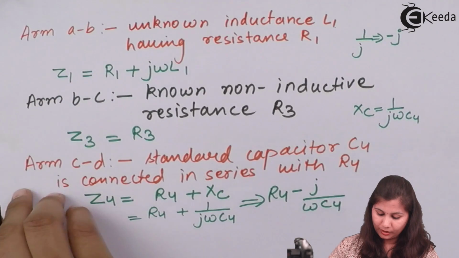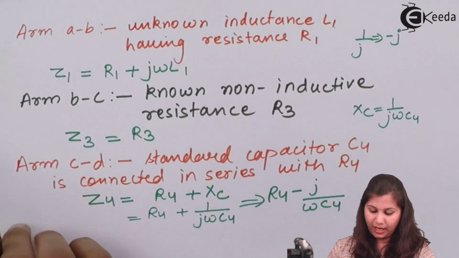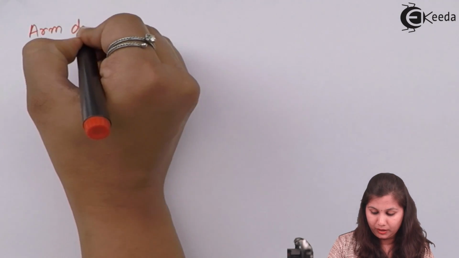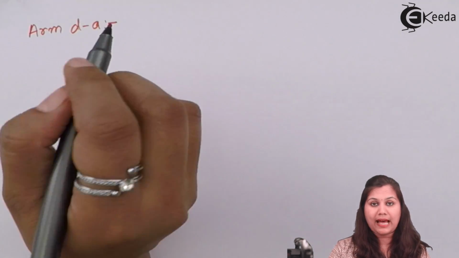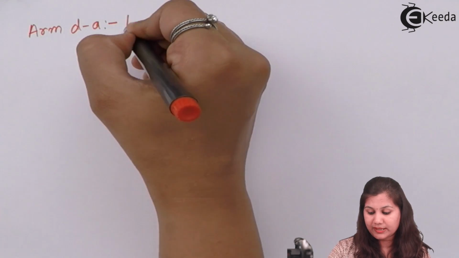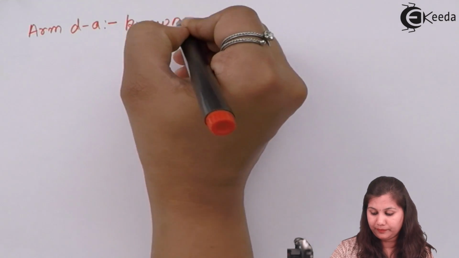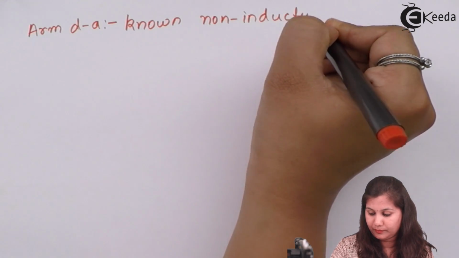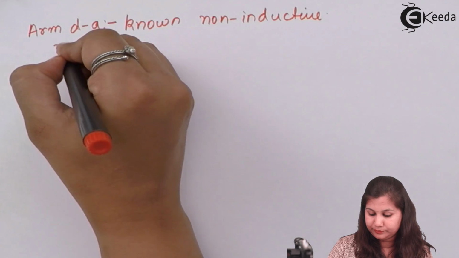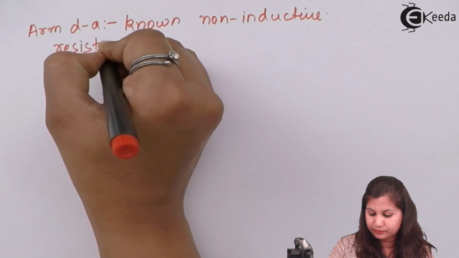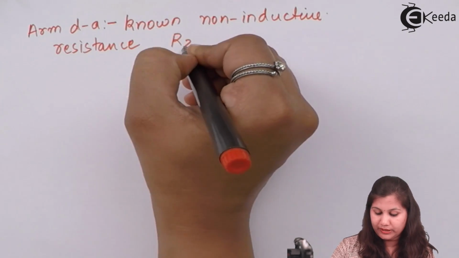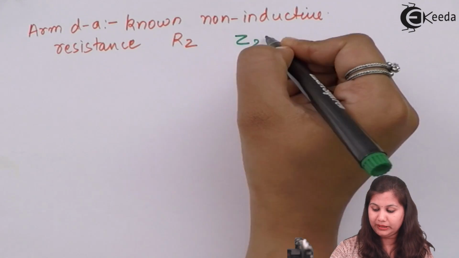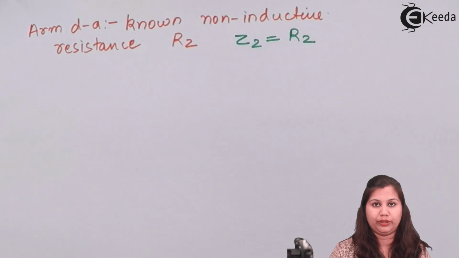Okay. Then next we are having the arm DA. Arm DA was having the known non-inductive resistance R2. So this will be the impedance Z2, and Z2 will be equal to the resistance R2 only.